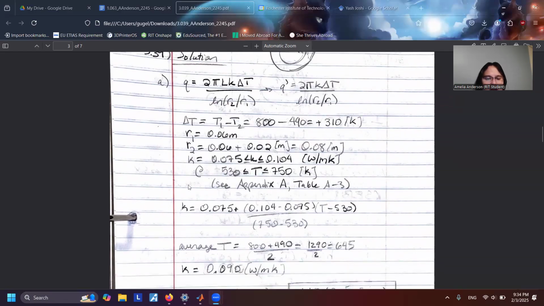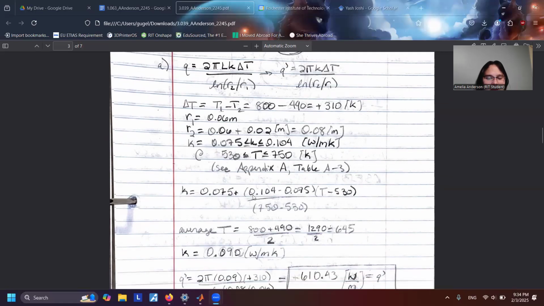K, this is actually out of Appendix A, Table A3 of a different textbook, so don't quote this for Bergman and Lavine 2017. But we have our thermal conductivity of our insulation varying between 0.075 and 0.104 watts per meter Kelvin at 530 to 750 Kelvin.